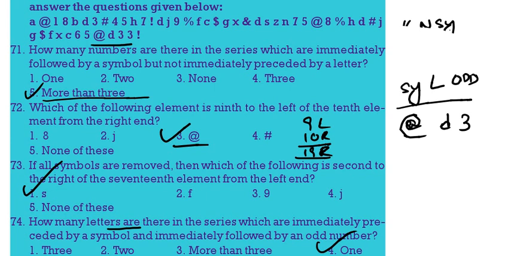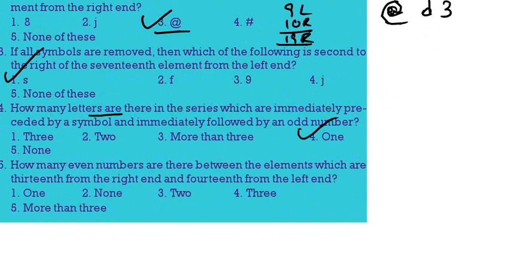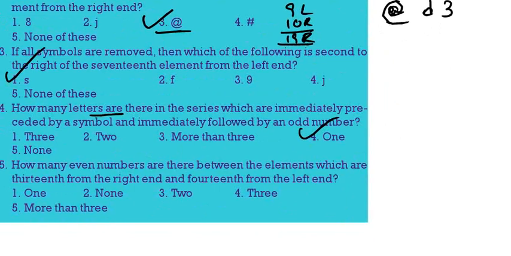See the next question. How many even numbers are there between the elements which is 13th from right and 14th from left? So first we have to count the 13th element from right, then the 14th element from left. See the series carefully.